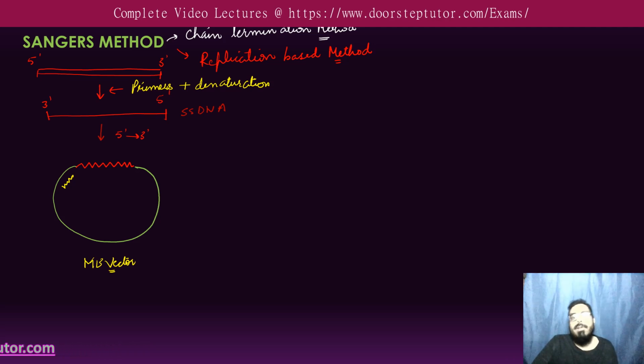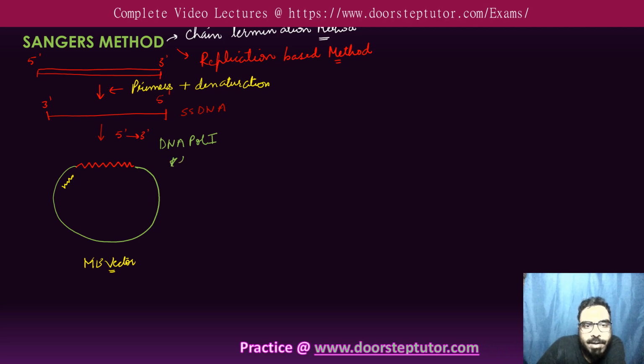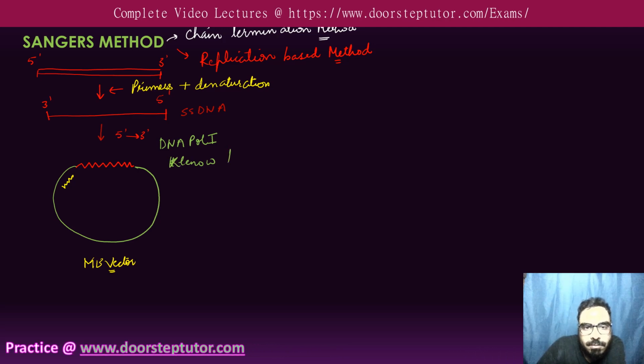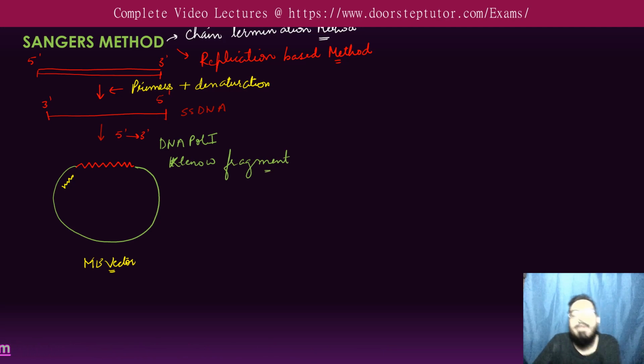This primer will go and bind here, and you add another important enzyme known as DNA Pol 1, but not the full enzyme, only the Klenow fragment. It's very important to note that we cannot use the full enzyme because it has 5 prime to 3 prime exonuclease activity, and we don't want that.